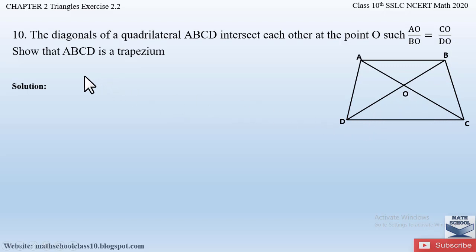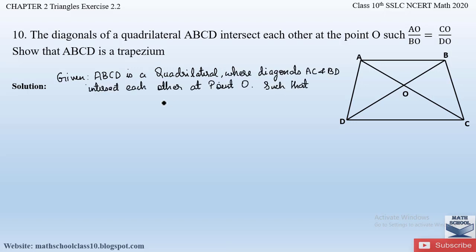First, let us write down what is given and what we have to prove. Given: ABCD is a quadrilateral where the diagonals AC and BD intersect each other at point O such that AO by BO is equal to CO by DO. This is what is given. Now what we have to prove? We have to prove that ABCD is a trapezium.